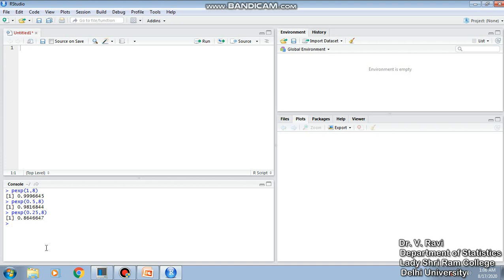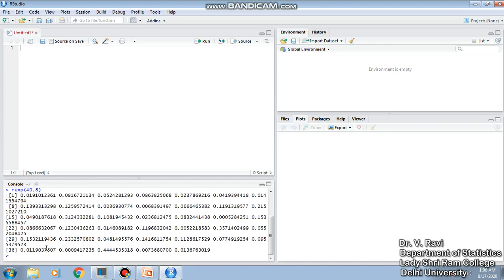Suppose I wish to simulate the frisking time for, let's say, 40 people. So I could simply generate a random sequence of 40 observations from an exponential distribution with parameter 8. So there you go.